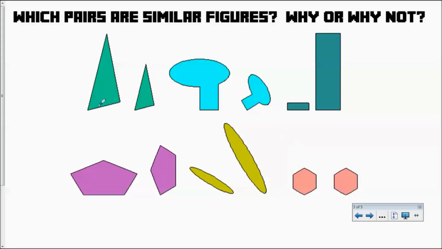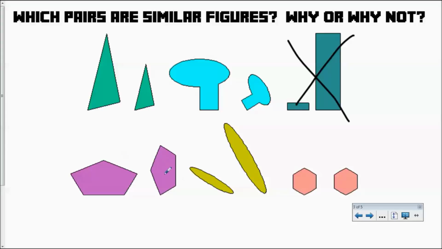The first one that is not is this set of rectangles. Their bases are the same length, but their heights are not. They're both rectangles, but they are not proportional. So they have congruent angles, but their sides are not proportional.